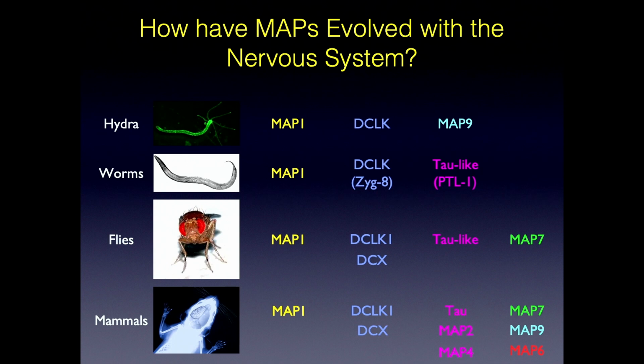So we've been wanting to delve deeper into this to really understand why we have greatly expanded our MAP toolbox as we have increased the complexity of our nervous system.